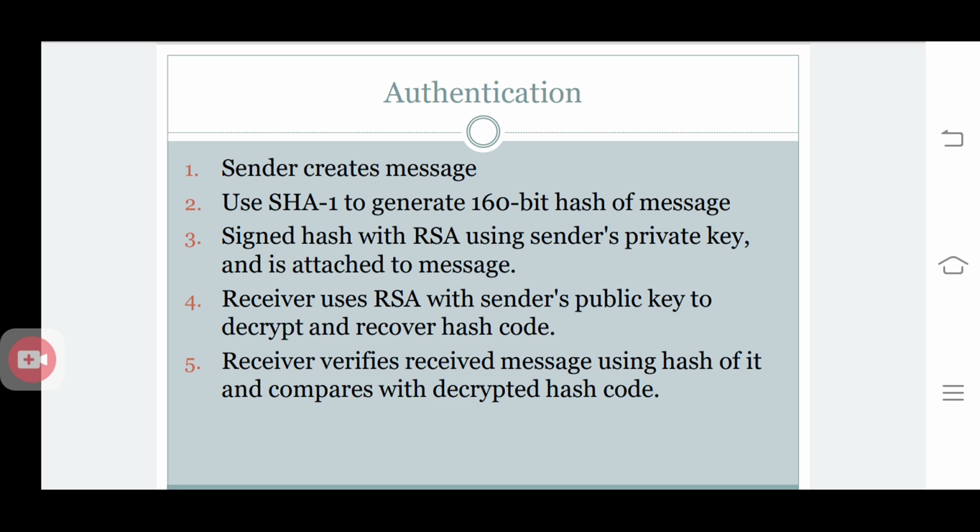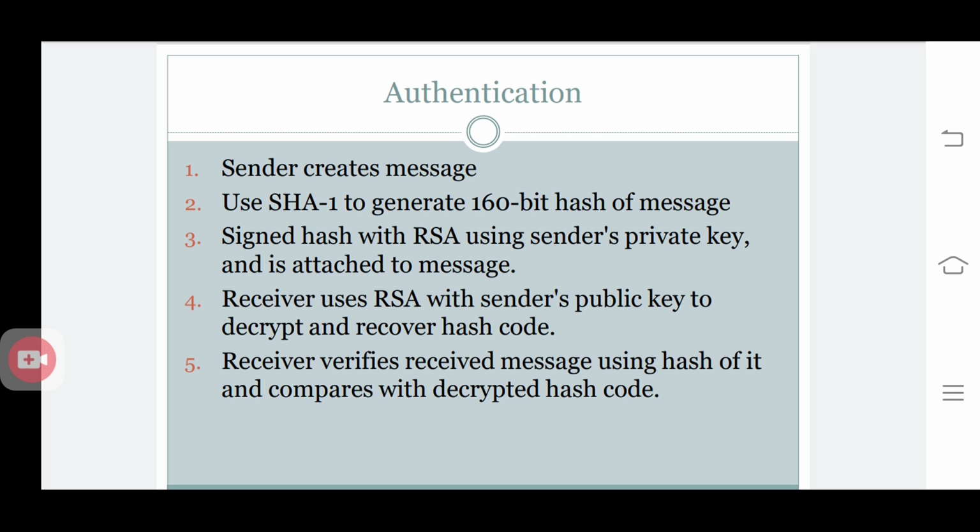First, the sender creates a message, the original message, and uses the SHA-1 algorithm for generating the hash of the message. With SHA-1 the resultant hash code is 160 bits in nature. So the sender performs SHA-1 on this message to produce the 160-bit hash of the message. That is the second step.